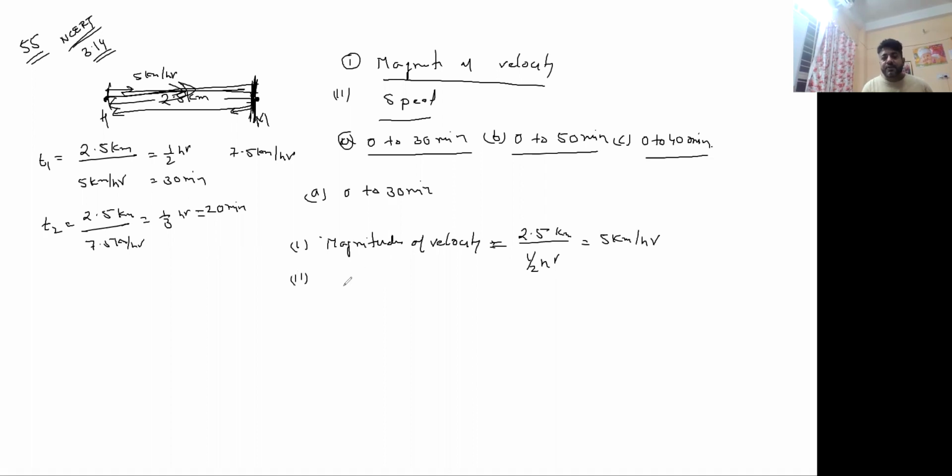What is the speed? 2.5 kilometer by half an hour. That is 5 kilometer per hour. Clear everyone? First part.